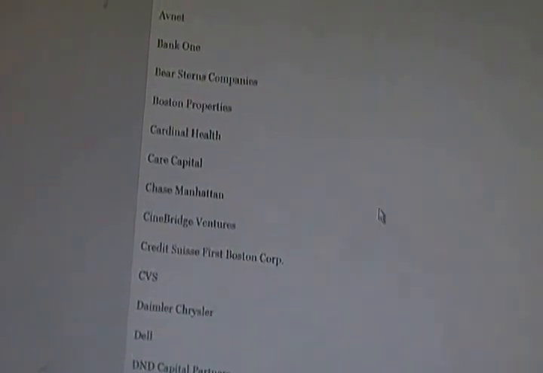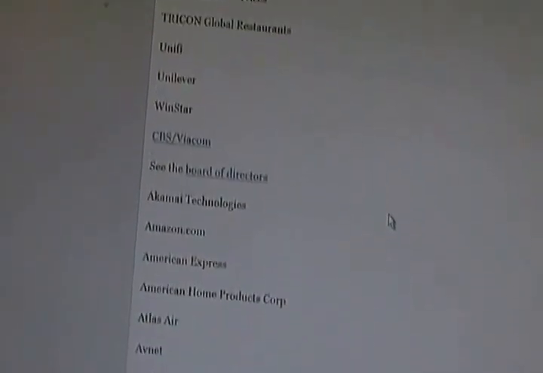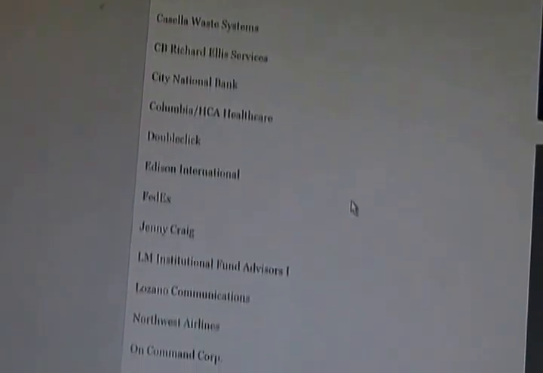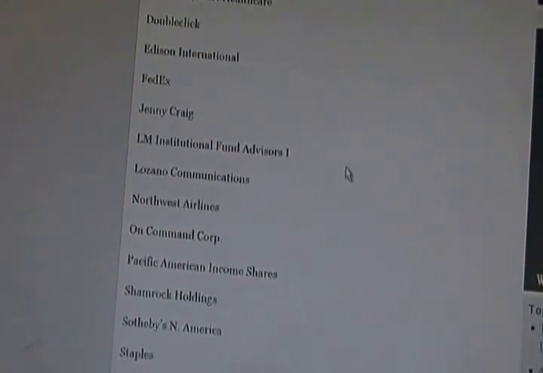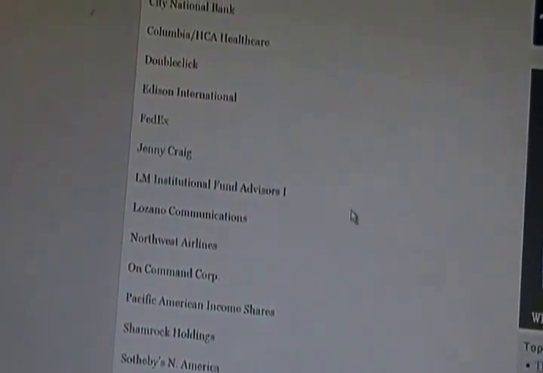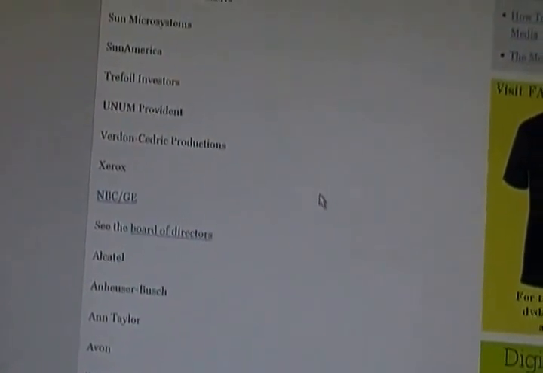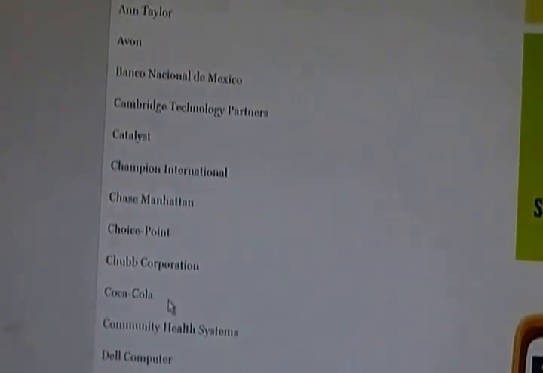Now, you might not know what these mean. But if you go down to this list of companies, what did you just read? You just read a list of companies in Article 1. Well, what are some food companies here? There's Jenny Craig. We got down here Anheuser-Busch, and of course they sell beer, but they also sell other food products as well. Chase Manhattan, Coca-Cola is a major food company.